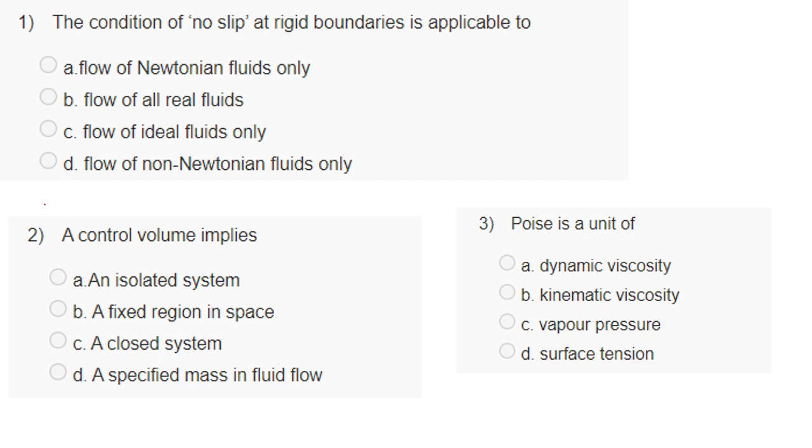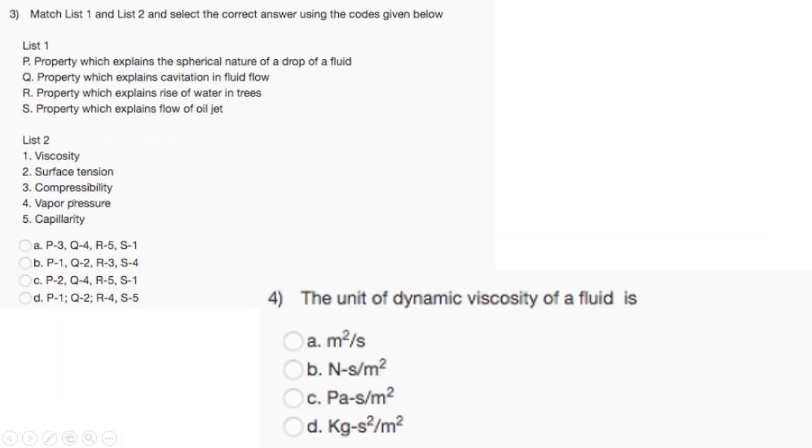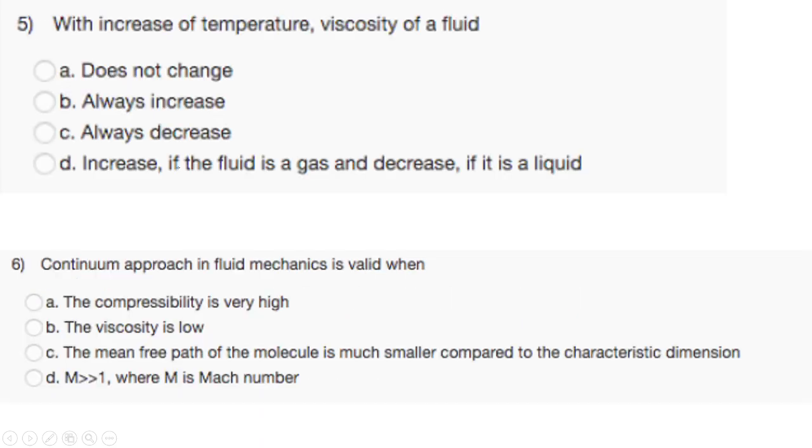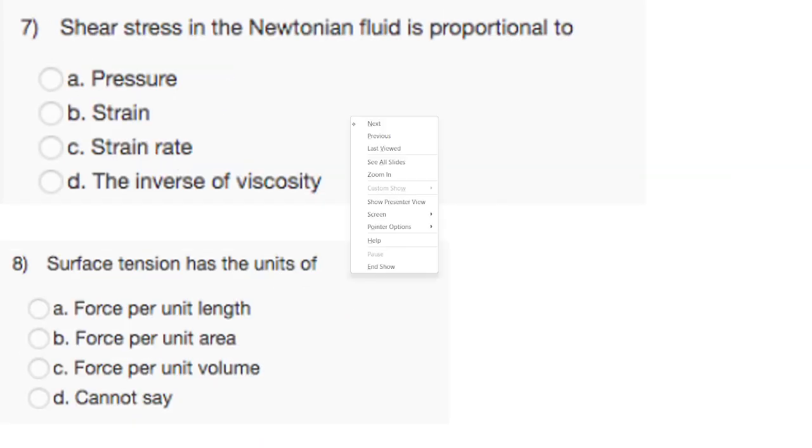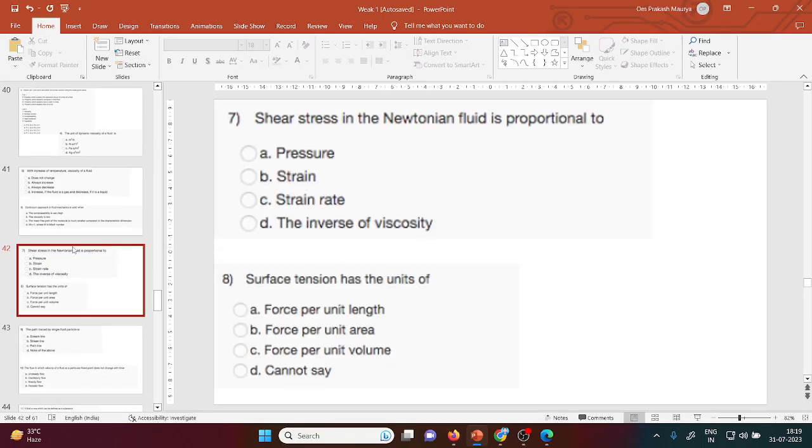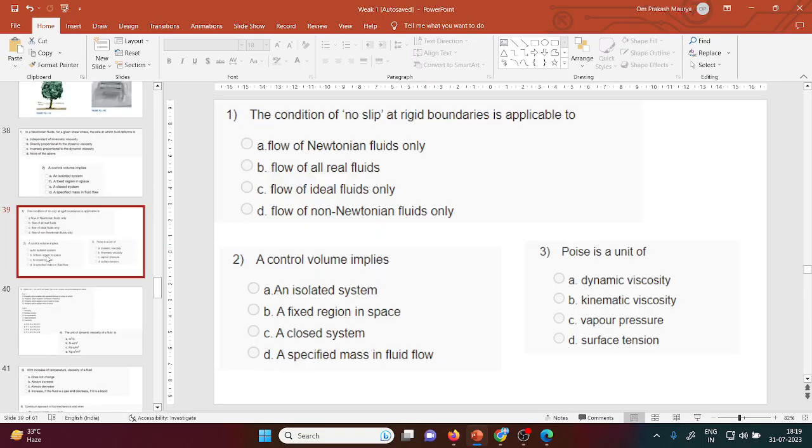Yes, Pradeep, the question number two is about control volume. Yeah, I got it. You got it? Yes. Okay, I think sir has also explained very well. Yes, he has explained this.